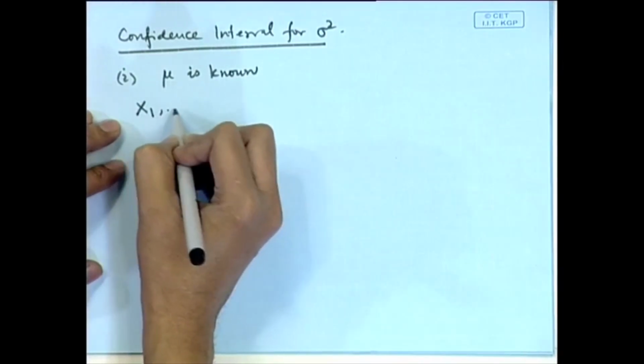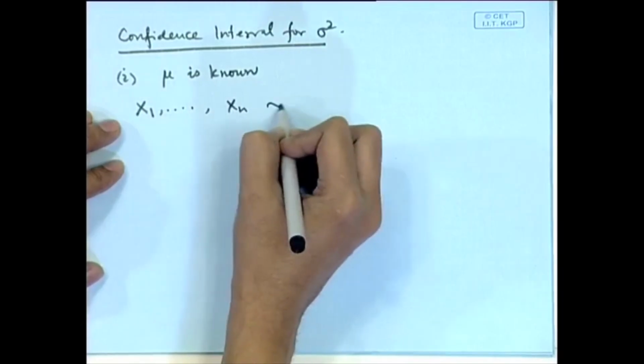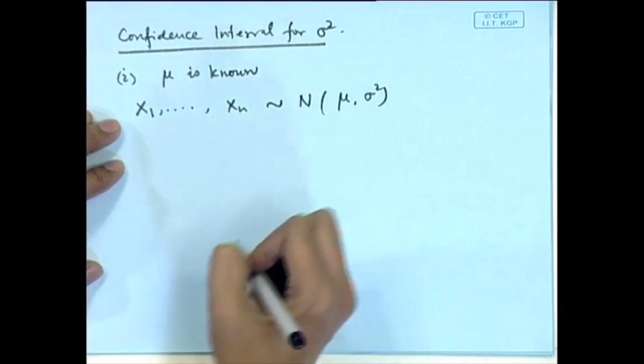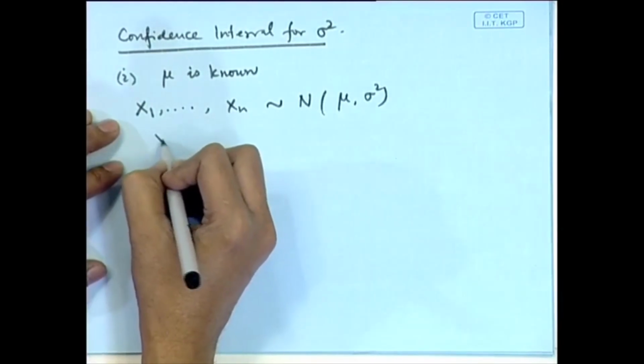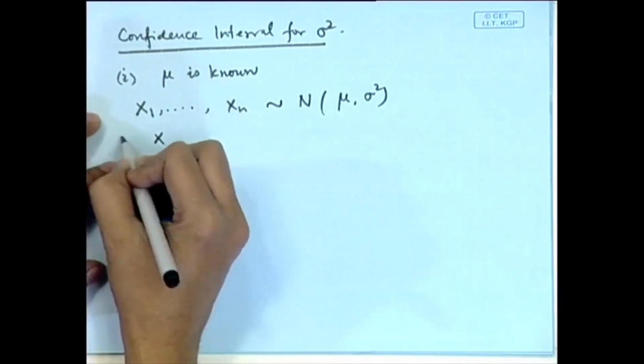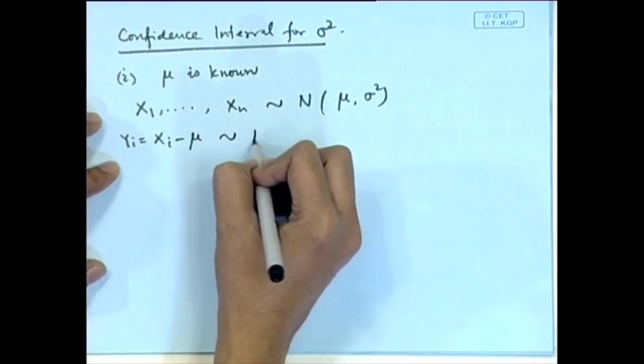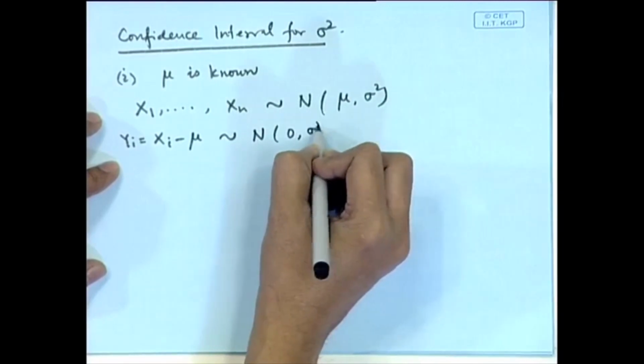We are given that x1, x2, ..., xn follow normal(mu, sigma square). If we consider y_i equal to x_i minus mu, then that will follow normal(0, sigma square).